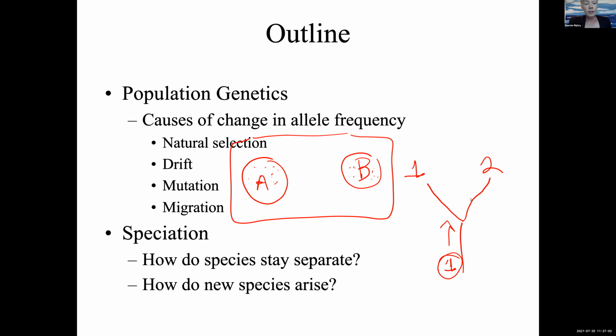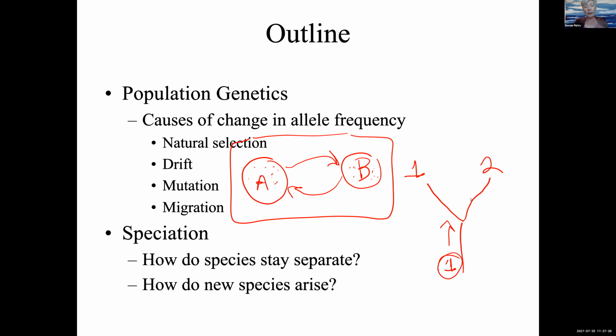In order for them to stay the same species, there has to be some genetic interchange between them. So a few individuals are going to move between areas A and B. If we're talking about birds, one will fly from one place to another.